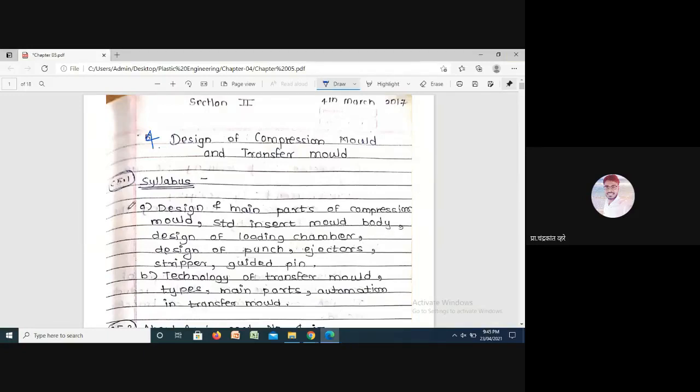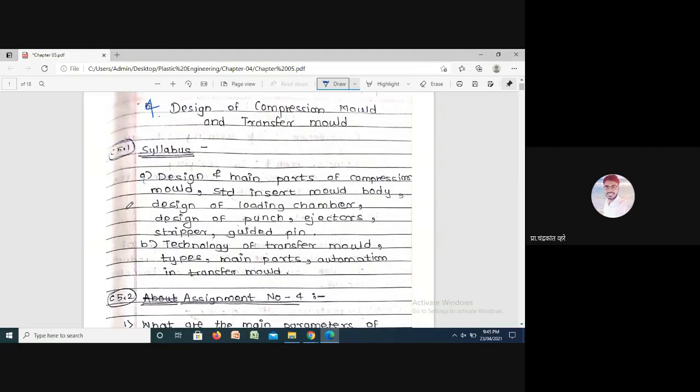Okay, now write down the syllabus. The chapter consists of two parts, A and B. A: design and main parts of compression mold, standard insert mold body, design of loading chamber, design of punch, ejector, strippers, guide pins, technology.